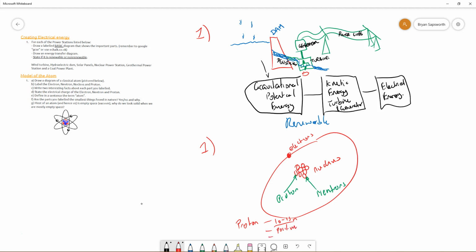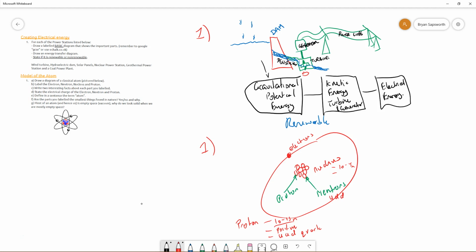It's also made up of quarks, 3 quarks, two up and a down quark. The neutron has also got 3 quarks, but it's up, down, down. It's about the same size. It is neutral. The nucleus is around about 10 to the negative 15 meters, quite small.